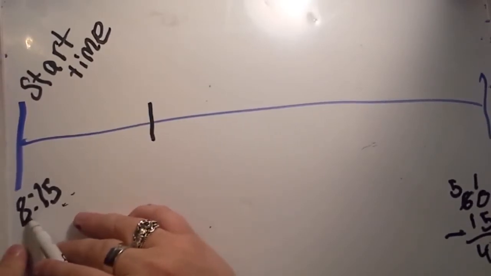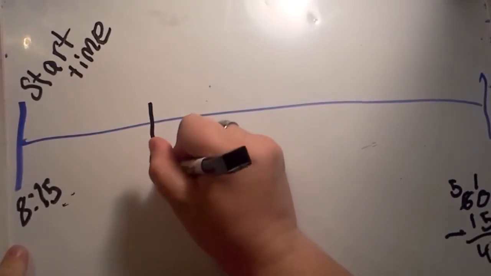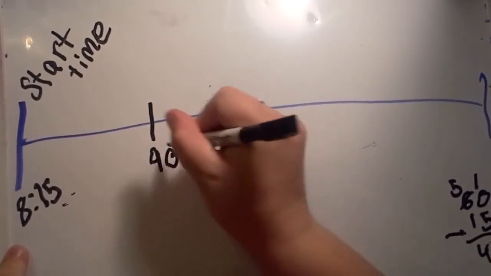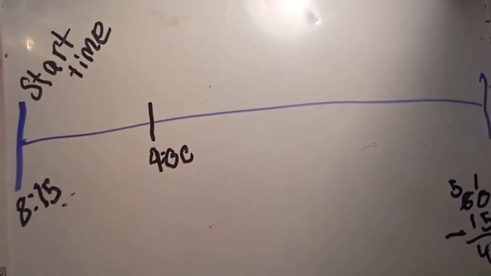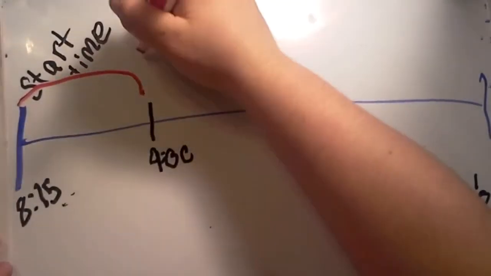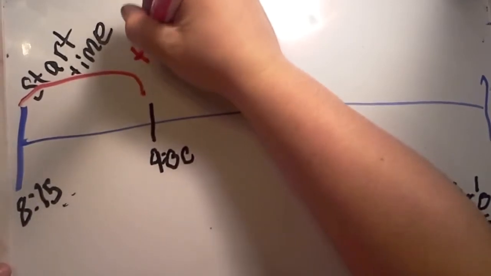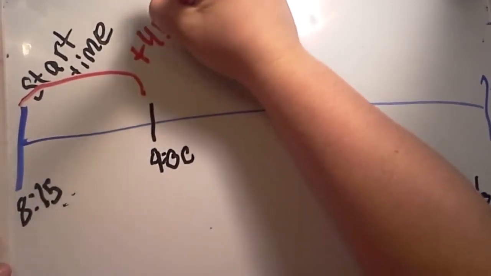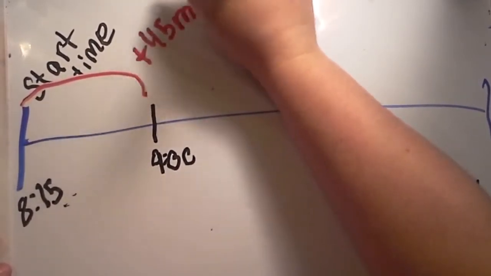So after 8 comes 9. So this is 9 o'clock. The way I'm going to show that is I'm going to put a hop right here and then plus 45 minutes.